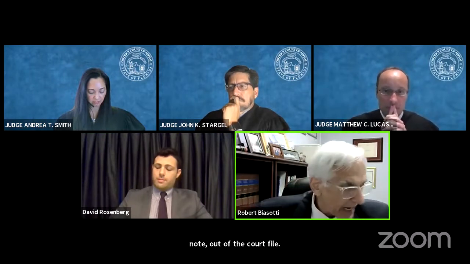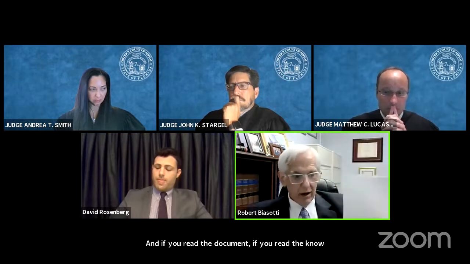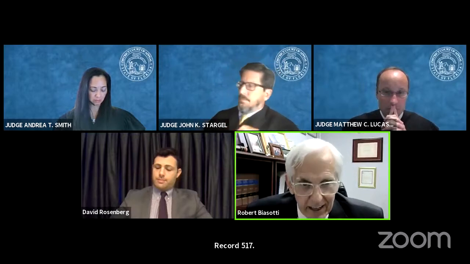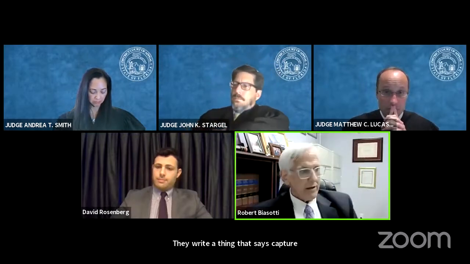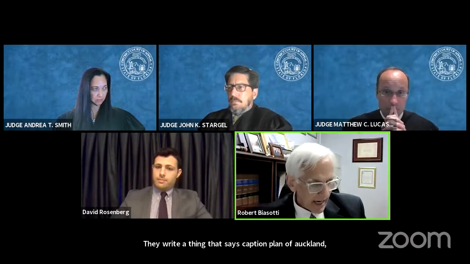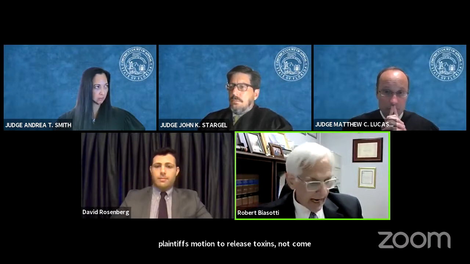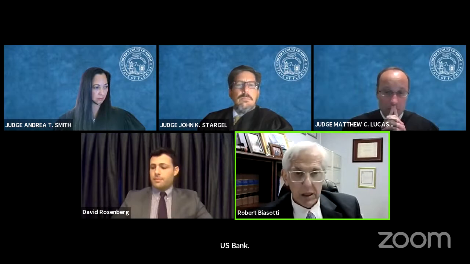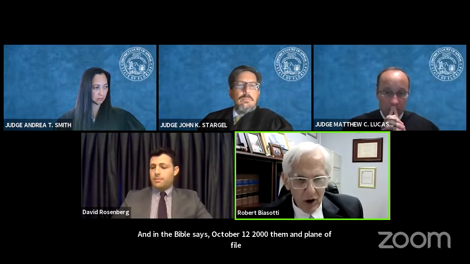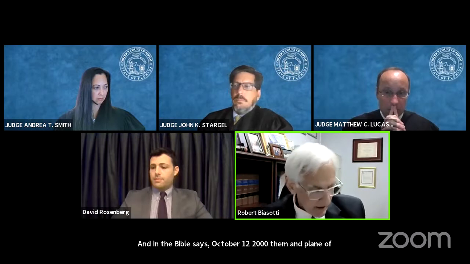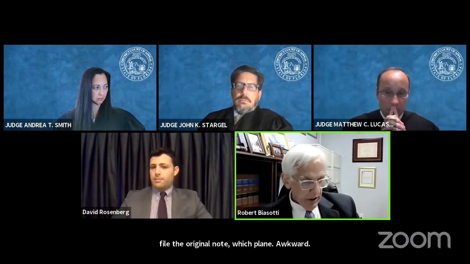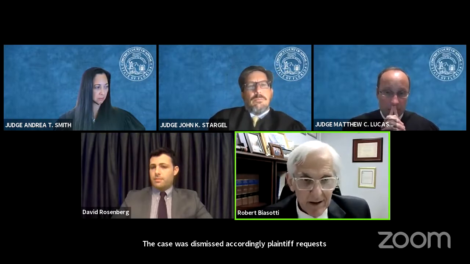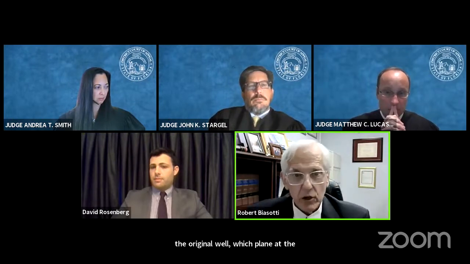And if you read the note, record 517, the caption says plaintiff Ocwen, plaintiff's motion to release document. Now comes plaintiff US Bank. And it says, October 12, 2011, plaintiff filed the original note. Which plaintiff? Ocwen. The case was dismissed. Accordingly, plaintiff requests the original note. Which plaintiff? At the end of the day, US Bank.